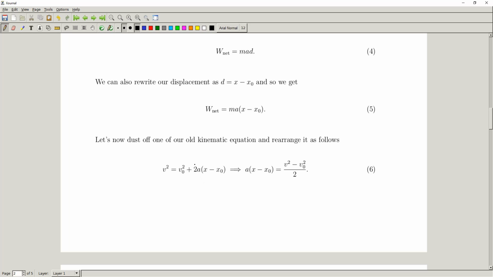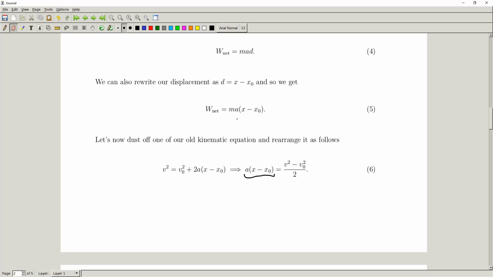So let's take this equation and isolate just this term here, the acceleration times our displacement. If we do that, we end up with this expression here, and note that we have these terms, this acceleration times our final position minus our initial position, in the equation that we're trying to work with here.